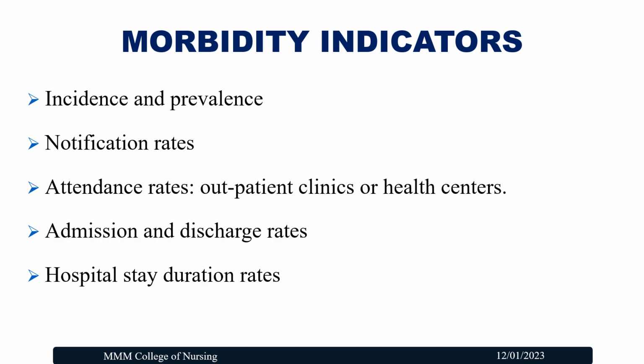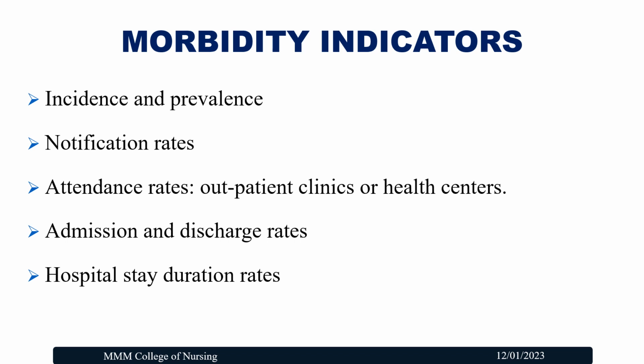The next indicator is morbidity indicators. Morbidity means disease related indicators. Some of the morbidity indicators are incidence rate and prevalence rate, notification rates, attendance rates, admission and discharge rates, and hospital stay duration rates.